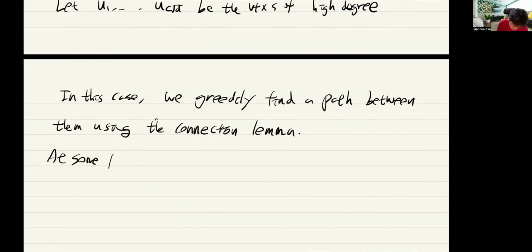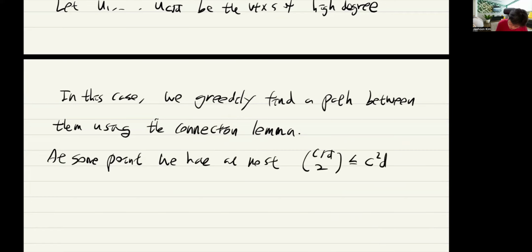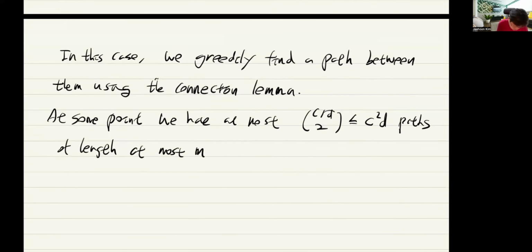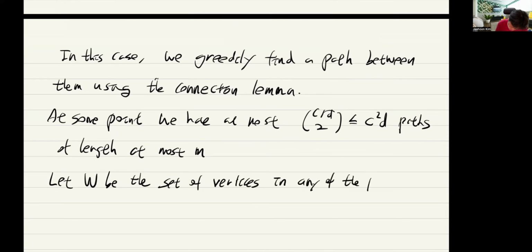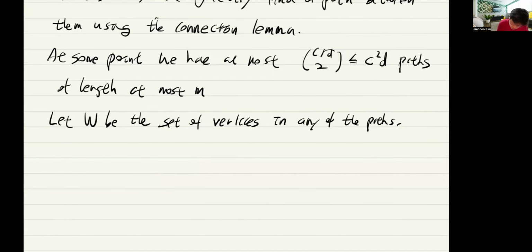At some point, we have at most C square root of D choose 2, so at most C squared D paths of length at most M. So let W be the set of those vertices in any of the paths, or the high degree vertices.